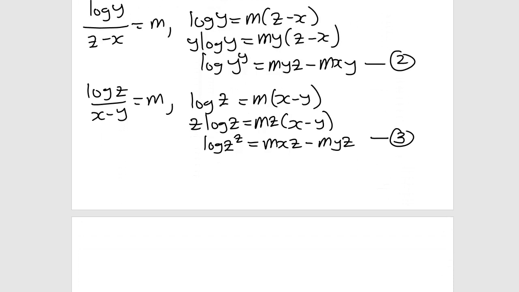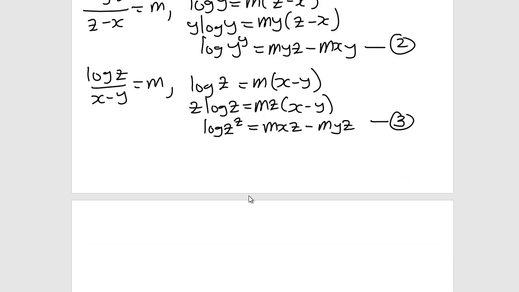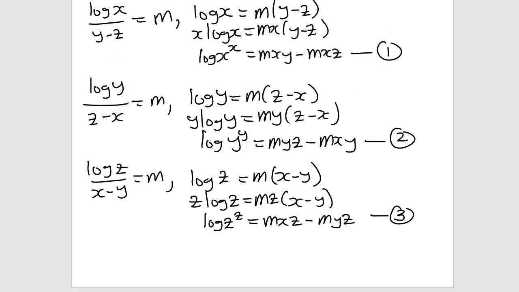So after getting all these three equations, what we are going to do next is add equation 1 plus equation 2 plus equation 3. We are going to add the left hand side first.